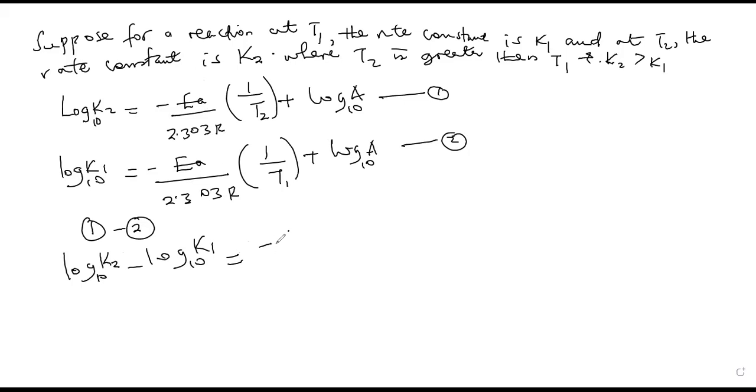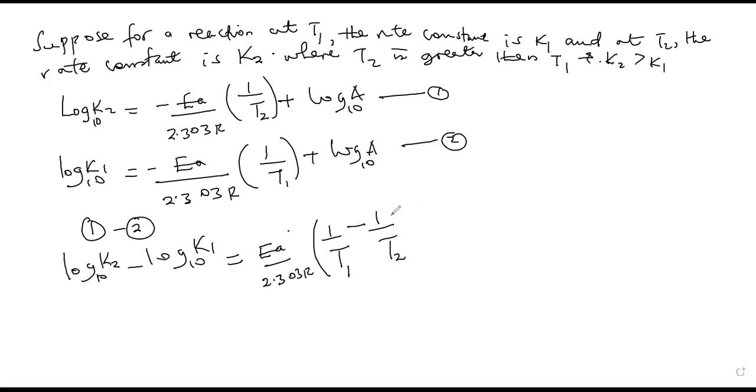So it will be EA out of 2.303 R, then 1 over T1 minus 1 over T2.